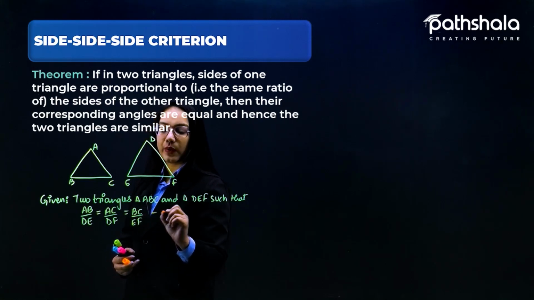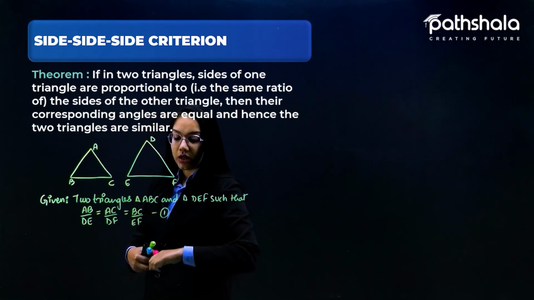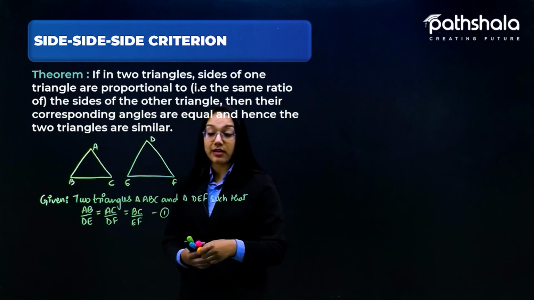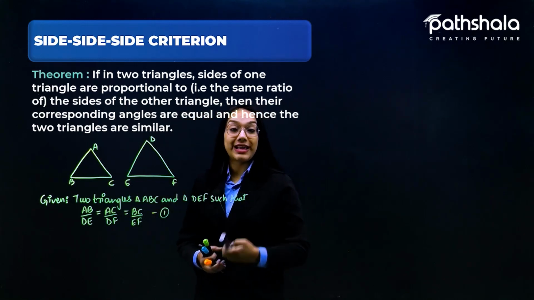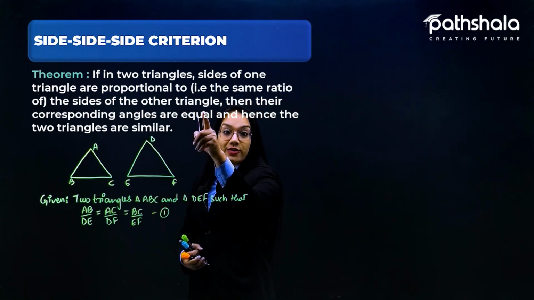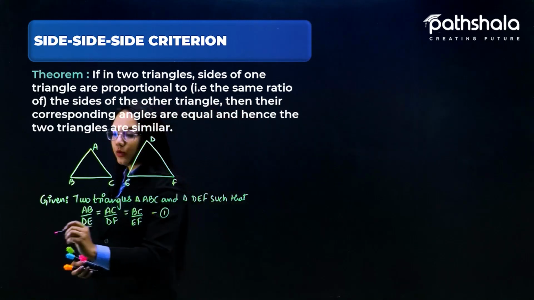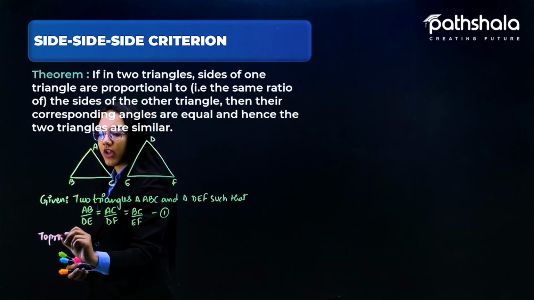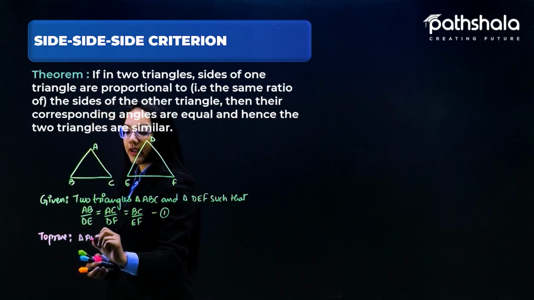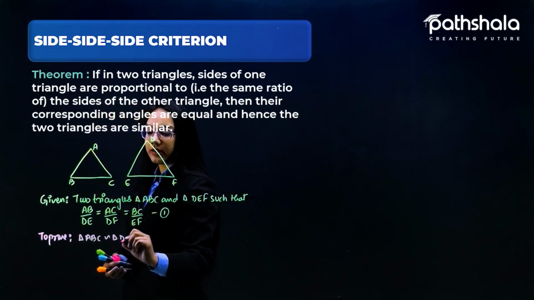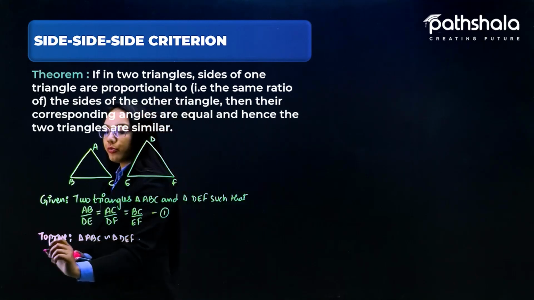It is already given to us. Let us take it as equation number 1. It is given to us that their corresponding sides' ratios are equal to each other, as you can see over here in the condition. Then we have to prove that their angles are equal. So we have to prove that triangle ABC is similar to triangle DEF.